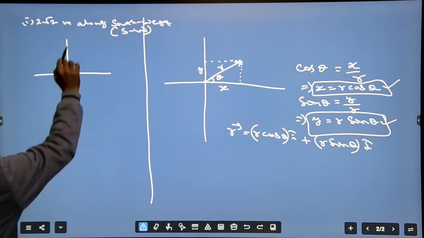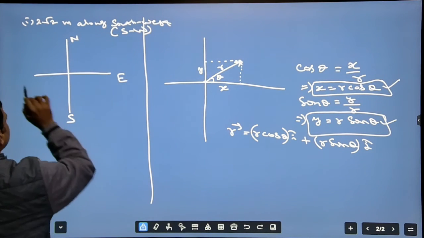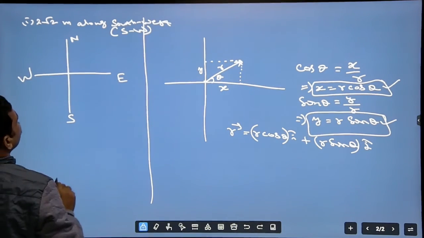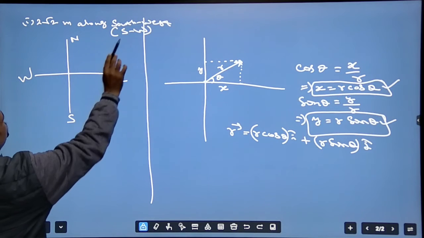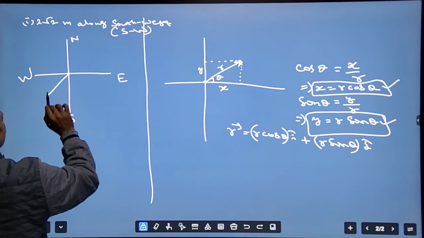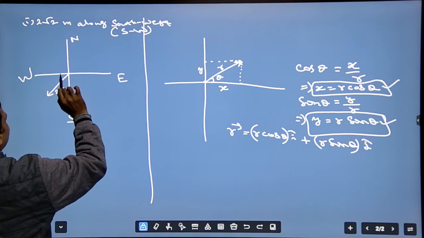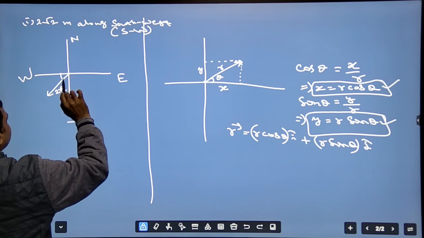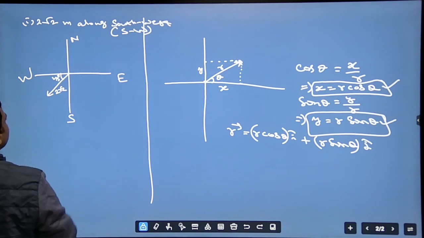As already discussed, this will be north, south, east, west. So southwest direction means this quadrant. No angle is mentioned, so this is in between. This is 2√2 meter. I can take the angle with this axis or with this axis, and this angle will be 45 degree.